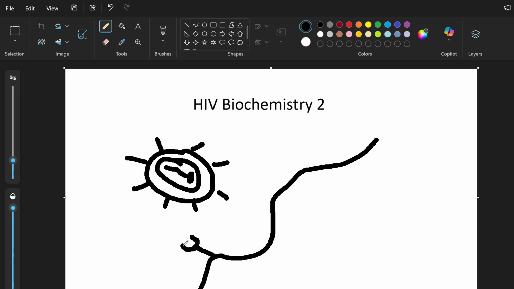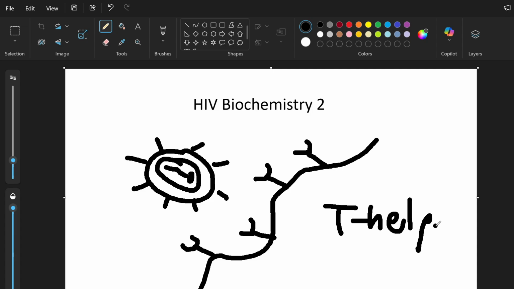it needs to register if it can attack it, right? The way it does that is that on certain cells, particularly the ones that HIV targets, which are these T helper cells, which are part of your body's innate immune system, they have these things called CD4 plus receptors.